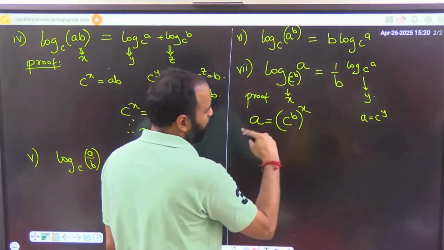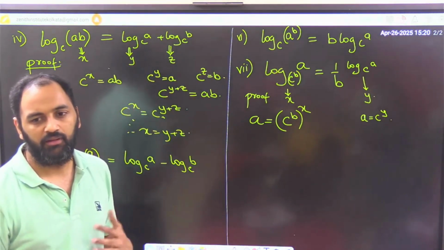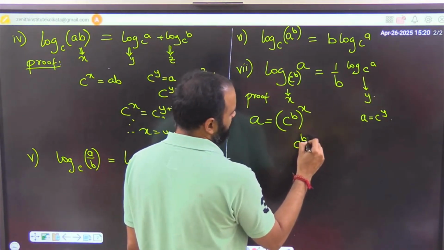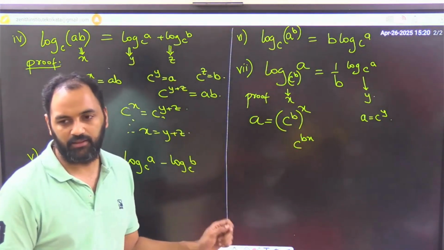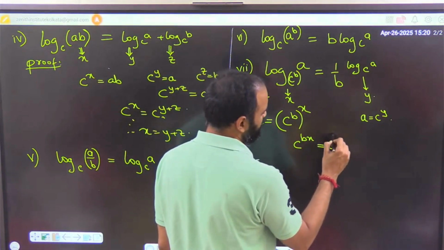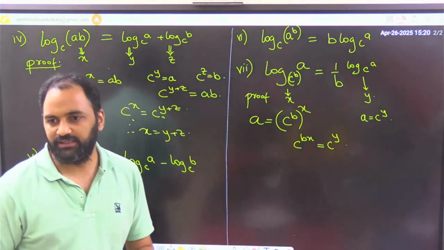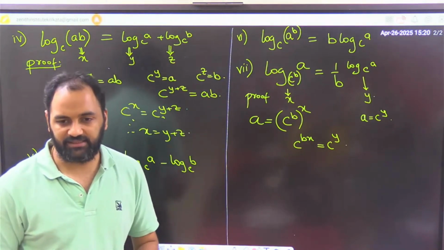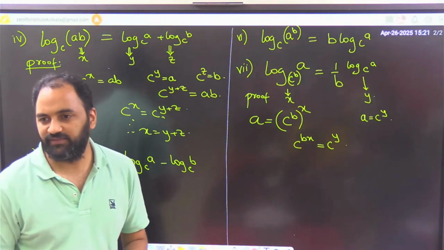So now, since both of them are values of a, what must happen? They must be equal. So we get c to the power b to the power x will basically become c to the power bx. So c to the power bx is c to the power y. And we're using the same idea: equal numbers with equal bases, the powers must be equal as well.